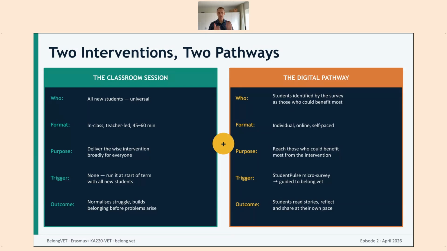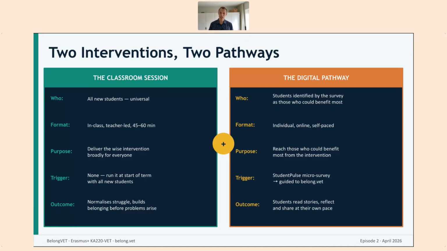The students go through the survey, and based on their answers, it would identify who could mostly benefit from a social belonging intervention or bias intervention. And based on that, it will signpost it and recommend that the student takes the actual intervention.